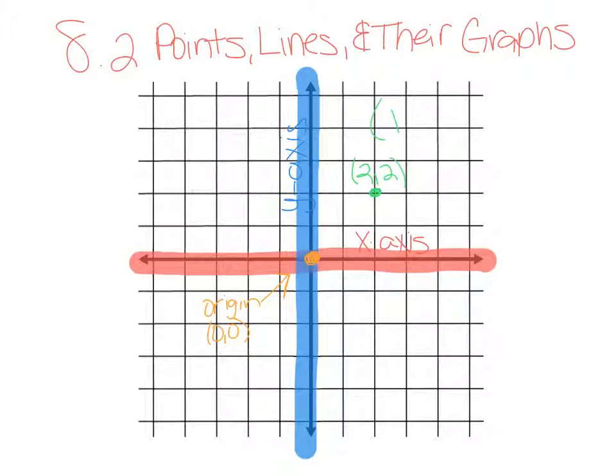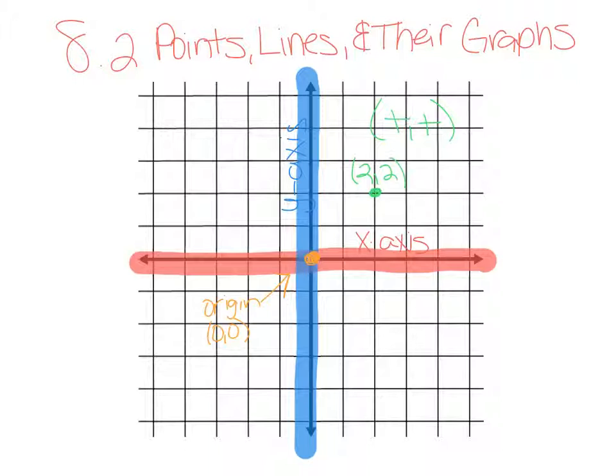My x coordinate is always going to be positive, and my y coordinate is always going to be positive, because you're always going to go to the right on your x-axis, and you're always going to go up on your y-axis. It's always going to be a positive number, comma, another positive number. So if you're given a coordinate, and it's positive, comma, positive, you know it's going to be somewhere in this area. Okay? All right, next one.